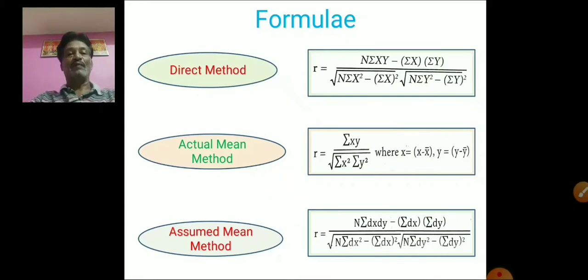Here the formula is R equal to n sigma dx dy minus sigma dx into sigma dy, the whole divided by under root of n sigma dx square minus sigma dx the whole power 2 into under root of n sigma dy square minus sigma dy the whole power 2. So this is the formula for calculating the assumed mean method.